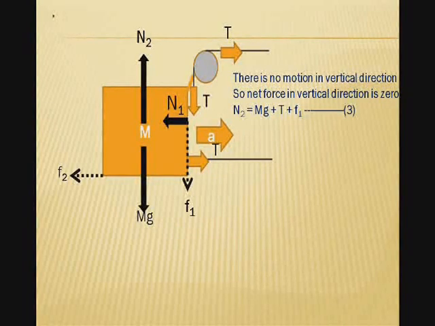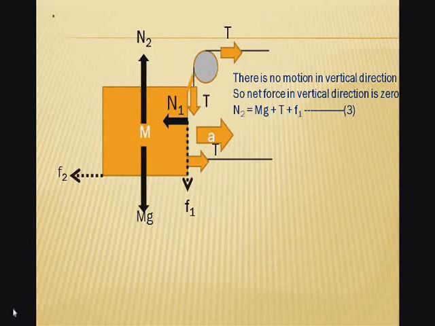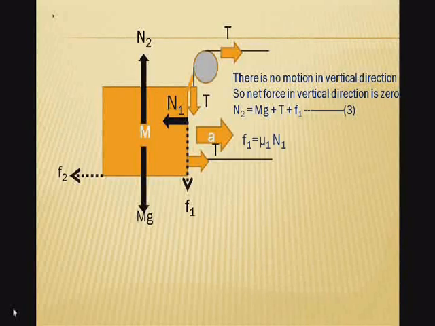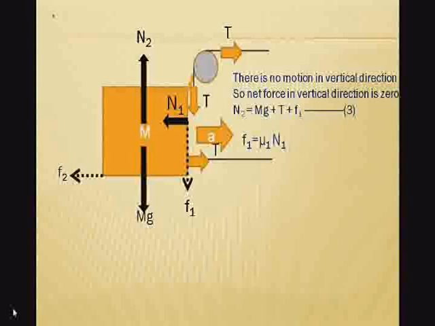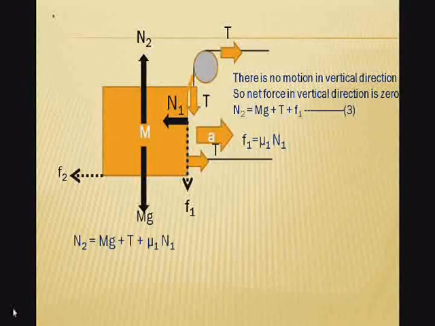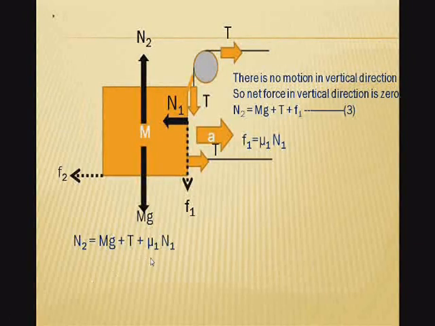So N2 is equal to Mg plus T plus F1, where F1 is equal to mu1 into N1. So F1 is the friction force which is acting between the blocks, and that is mu1 N1. So N2 is equal to Mg plus T plus F1, and F1 is mu1 N1.